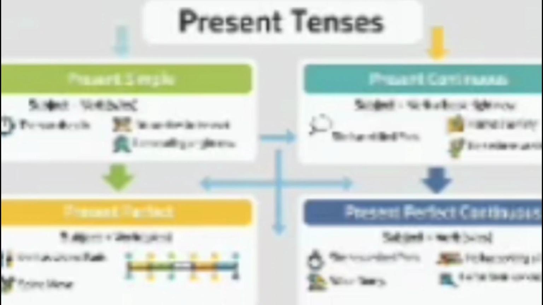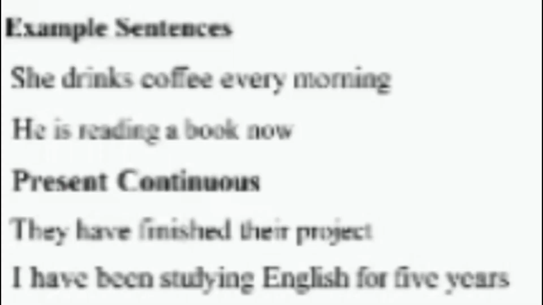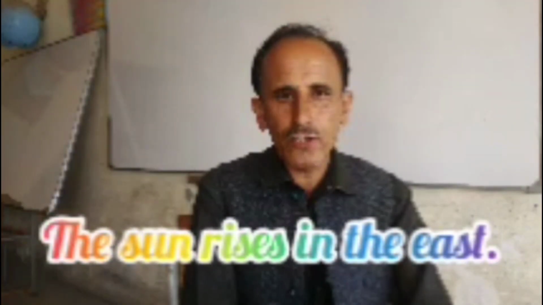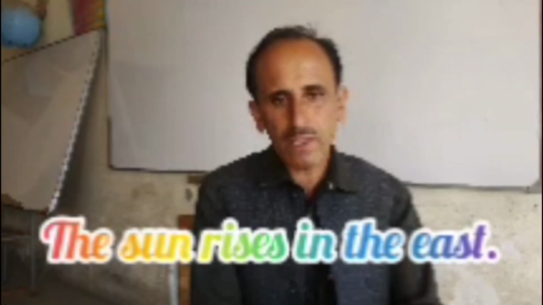How to make sentences in simple present tense? First of all, subject, then first form of verb or base form of verb, then object. For example, here is a sentence: I write a letter. They play hockey. The sun rises in the east. So this is a simple method of this tense.